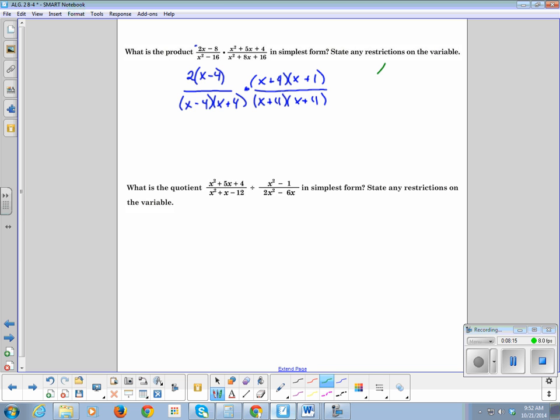So x can't equal what? Positive 1 and negative 1. Yeah, plus or minus 4. That makes our denominator 0. And when we get to division, it puts even more restrictions on our problem.